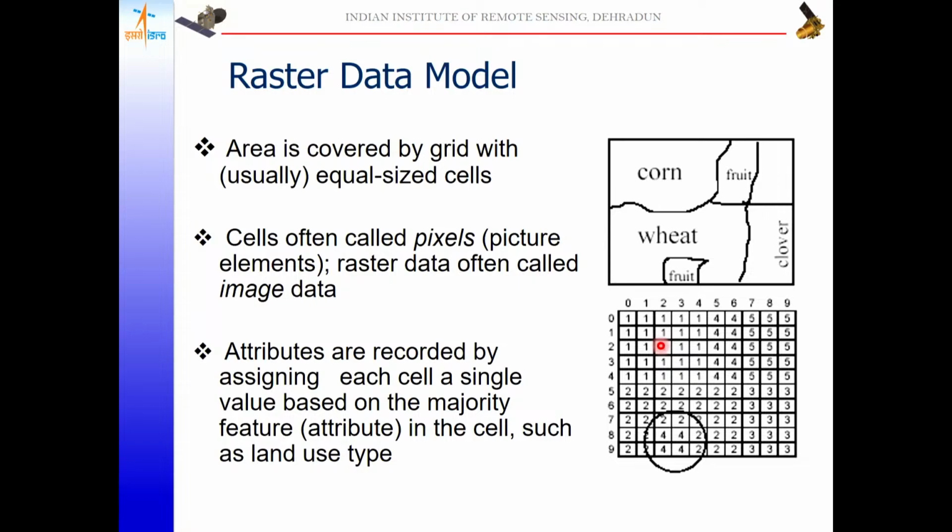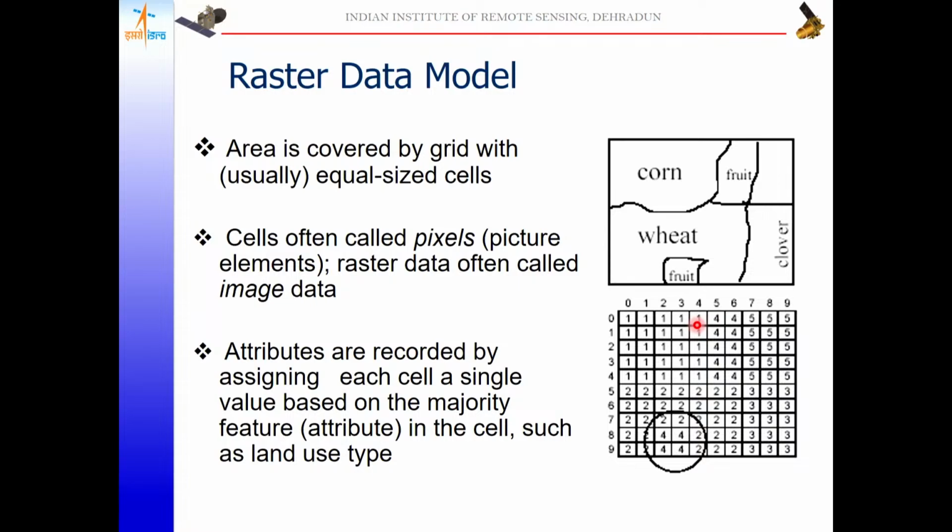And in raster data model, you can store only numbers, either integer numbers or floating point numbers, decimal numbers, depending on the data type you are going to use. Names cannot be stored in raster data model. So that is why here you have corn, and here you have one stored instead of corn.